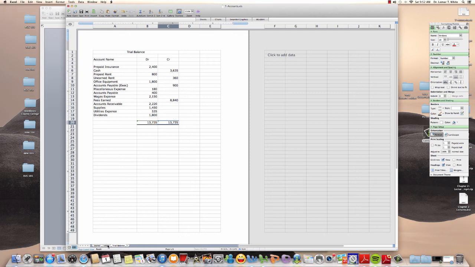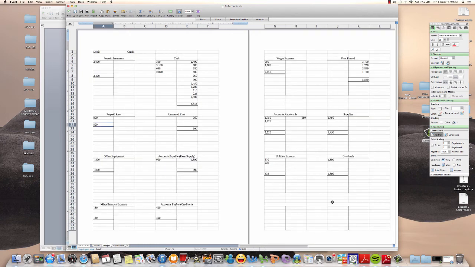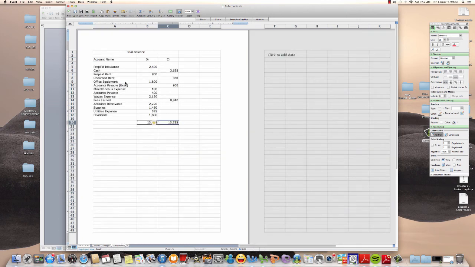Maybe you forgot to include an account from the ledger in your trial balance for the amount of 540. So you just want to review your ledger and make sure you actually brought over all the accounts that have balances.